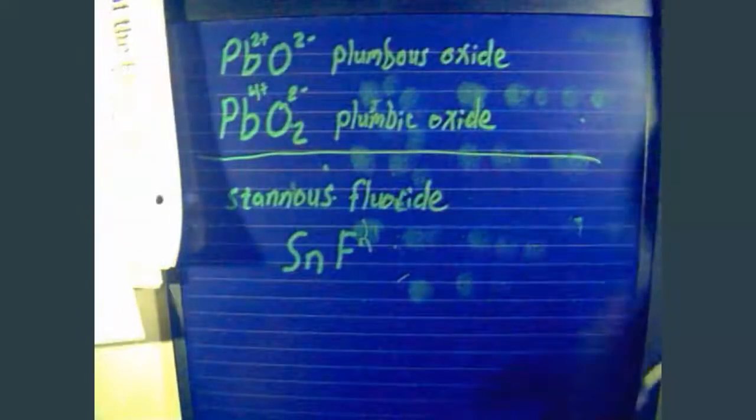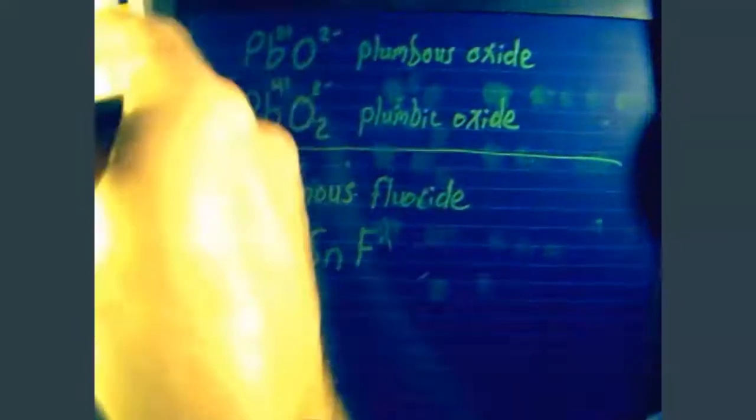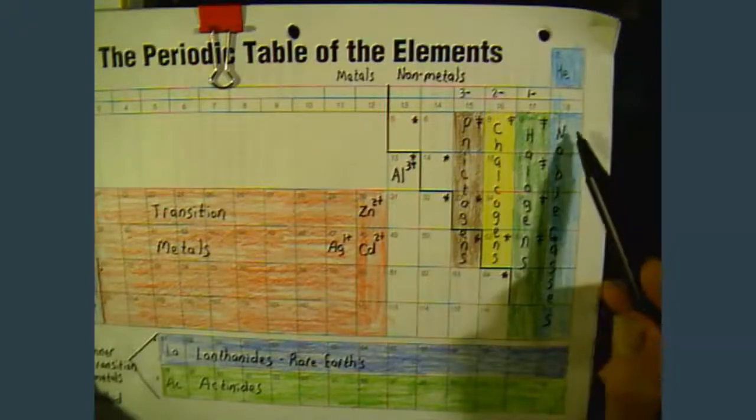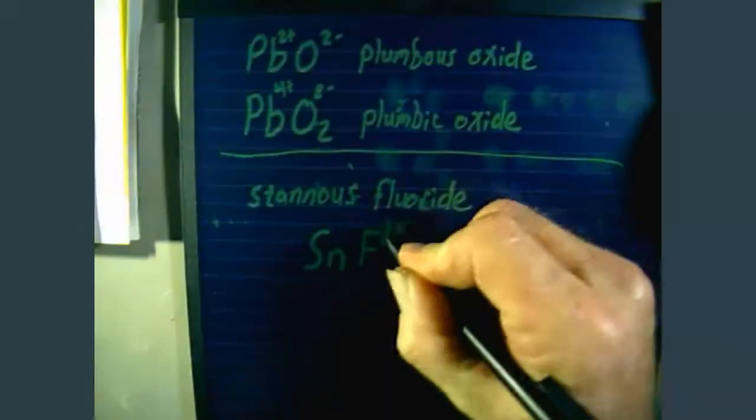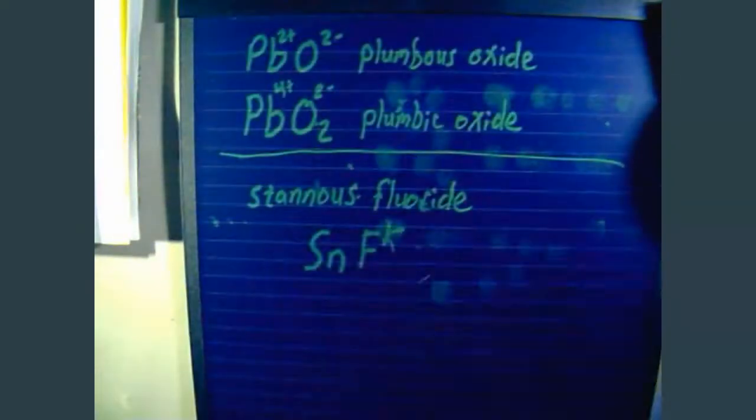If I get out our periodic table here that we colored in, it would be right here. It has to gain 1 electron to get the same number of electrons, or be isoelectronic, with neon. And so fluorine always has a 1 minus charge.